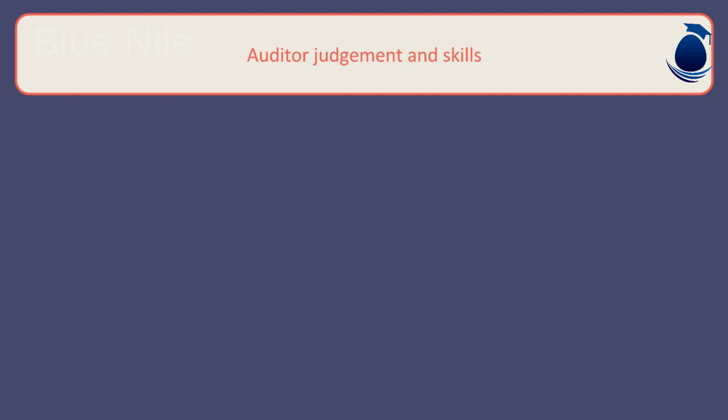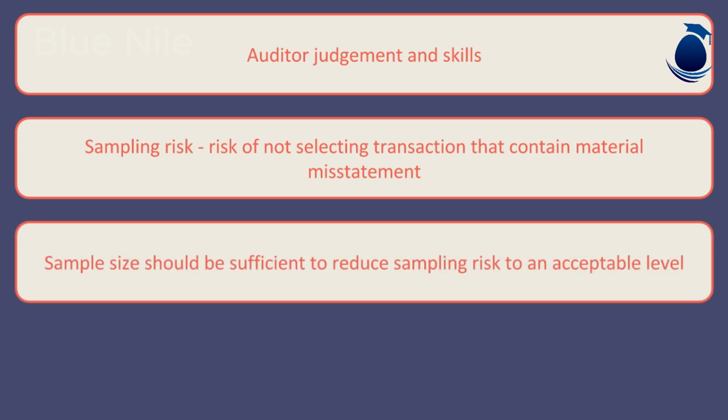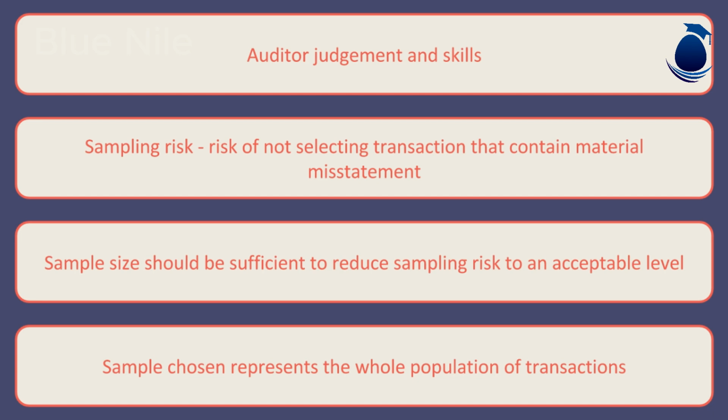There is always going to be an element of risk that a transaction not selected will contain a material misstatement. This is known as sampling risk. The auditor must ensure the sample size selected is sufficient to reduce sampling risk to an appropriate level. They must also ensure the sample chosen represents the whole population of transactions.